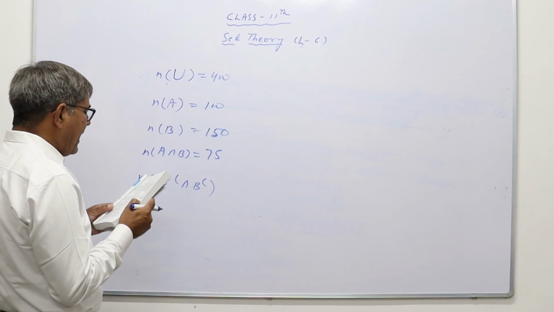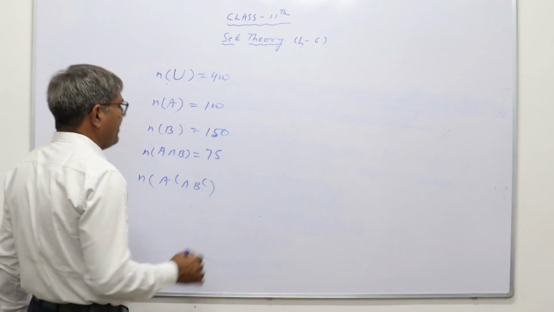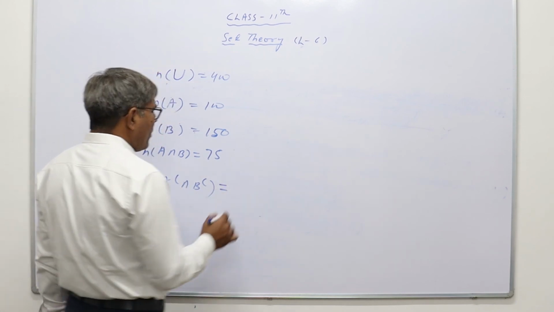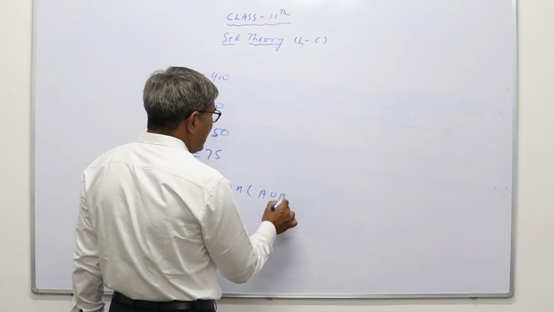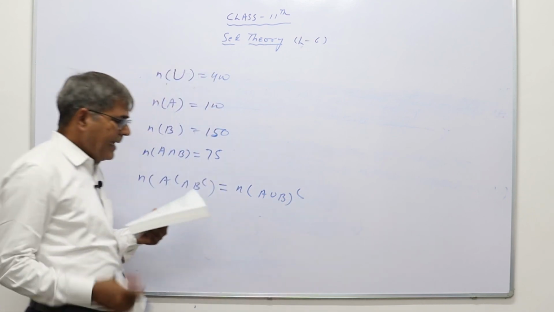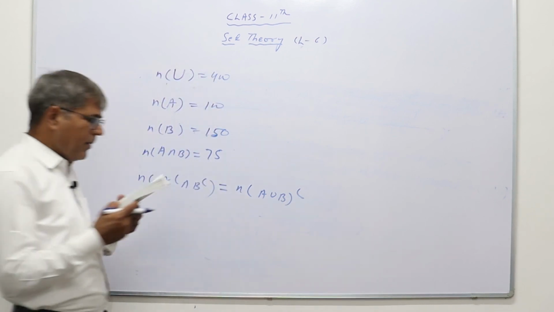So n(A complement intersection B complement) is given by De Morgan's law as n((A union B) complement).